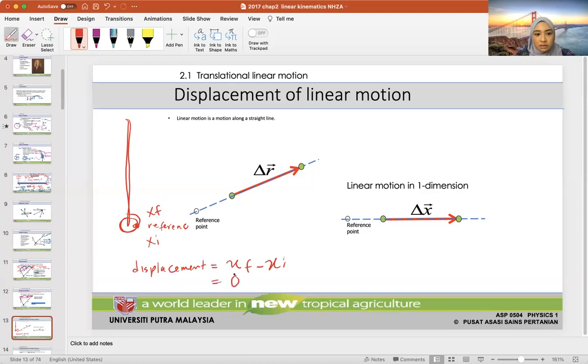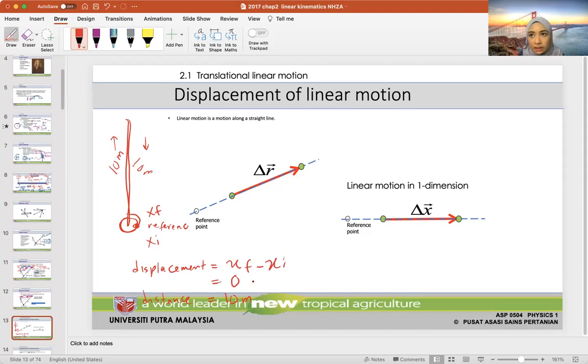The displacement is 0. However, the distance, for example, if it goes up 10 meters and falls 10 meters, up and then down. So the distance taken by the ball is concerned about the path.